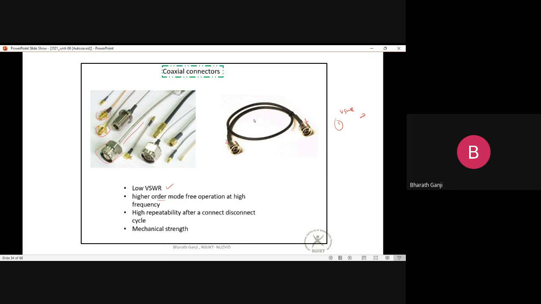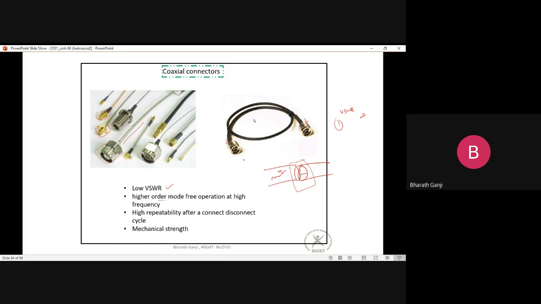A TM wave is propagating like this, and at this junction, say you connected two coaxial lines, because of some impedance change, higher order modes can get excited. Whether they propagate or not is decided by what kind of junction you are designing. If you don't design the junction properly, there is a chance of these higher order modes propagating and you losing the energy or the signal.